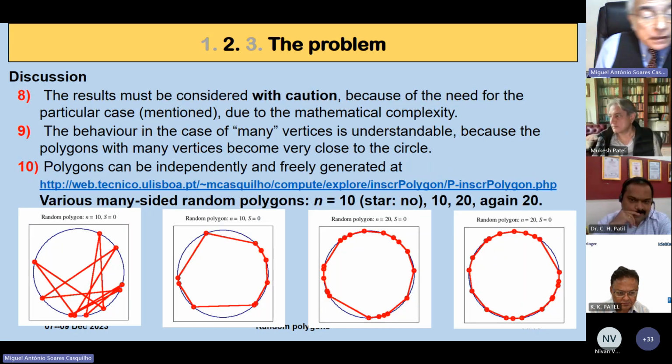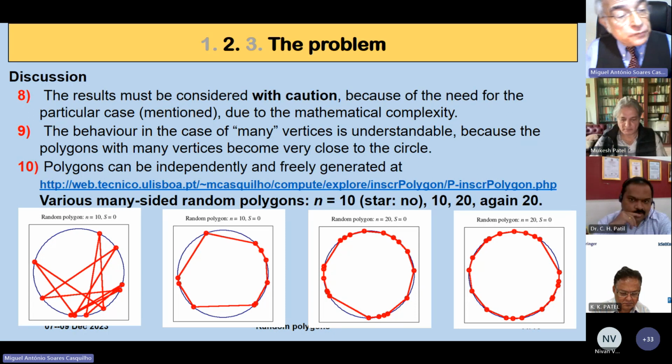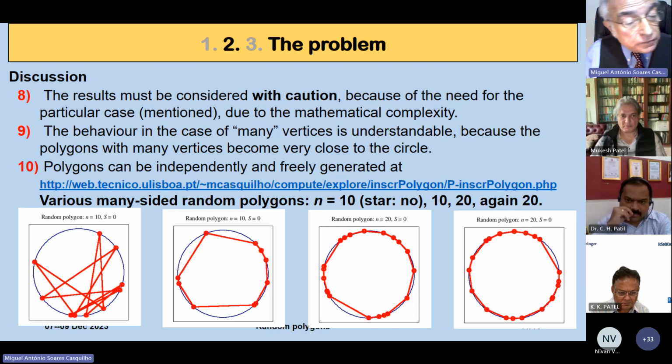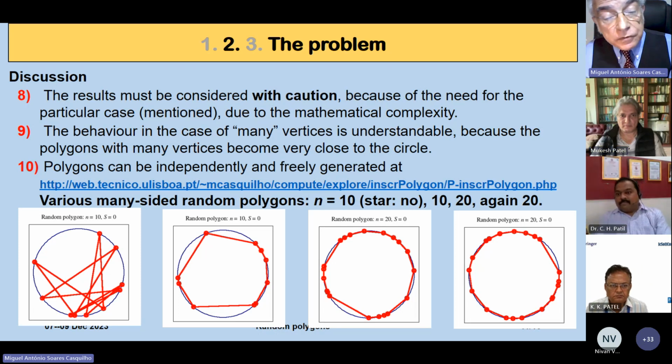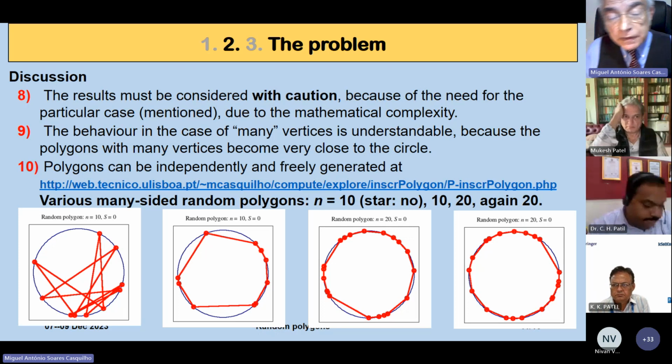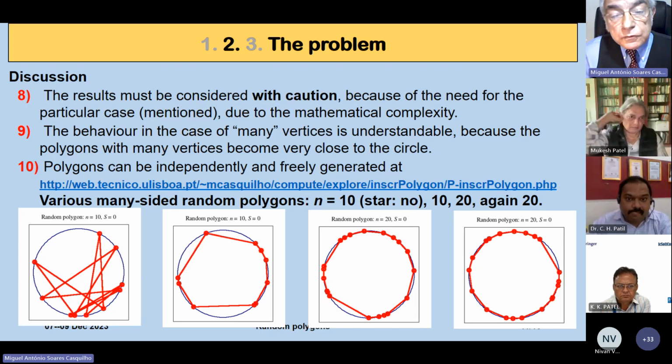So here are some examples. If we get random polygons, we have the big probability of getting star polygons. And as I said, the more vertices you have, the closer the polygon becomes to a circle.